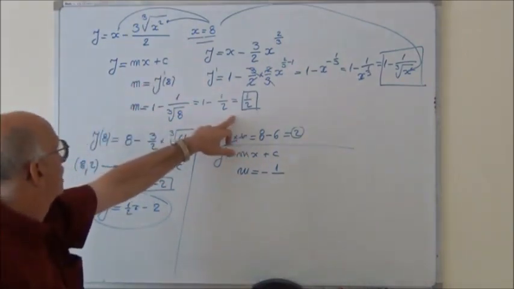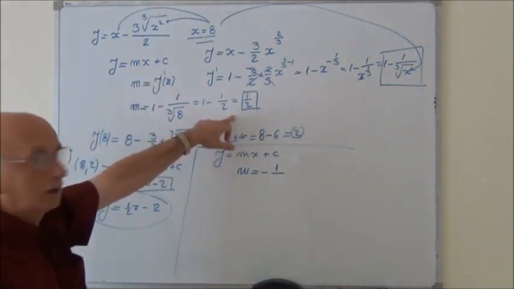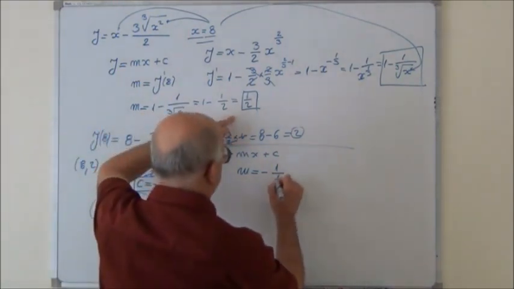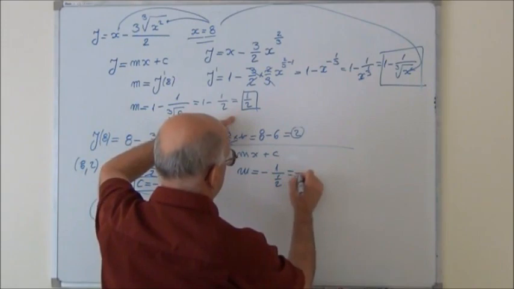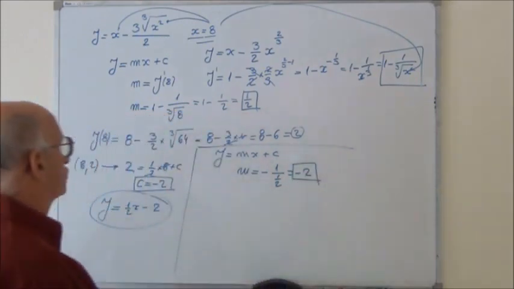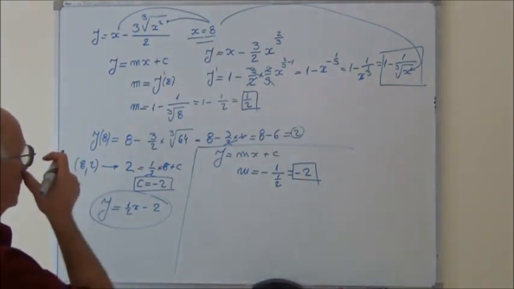The gradient of the tangent line we have from the work before, that is half, so this is minus 2. So minus 2 is the gradient of our normal line.